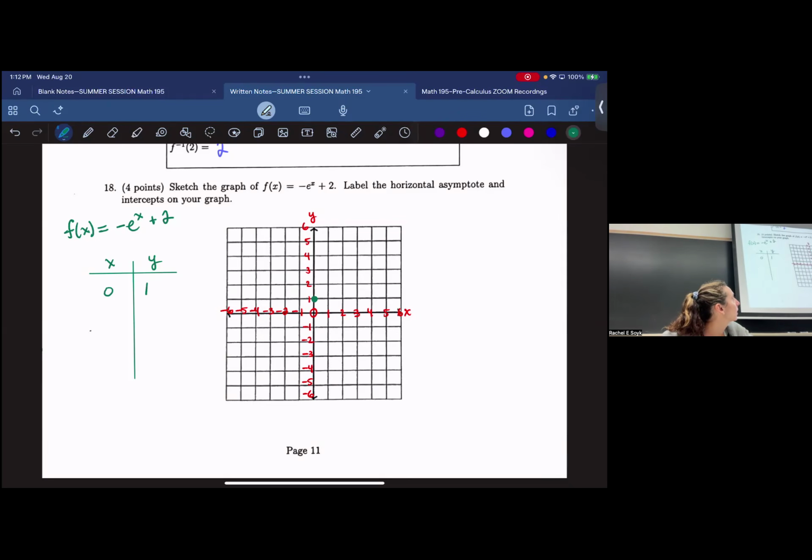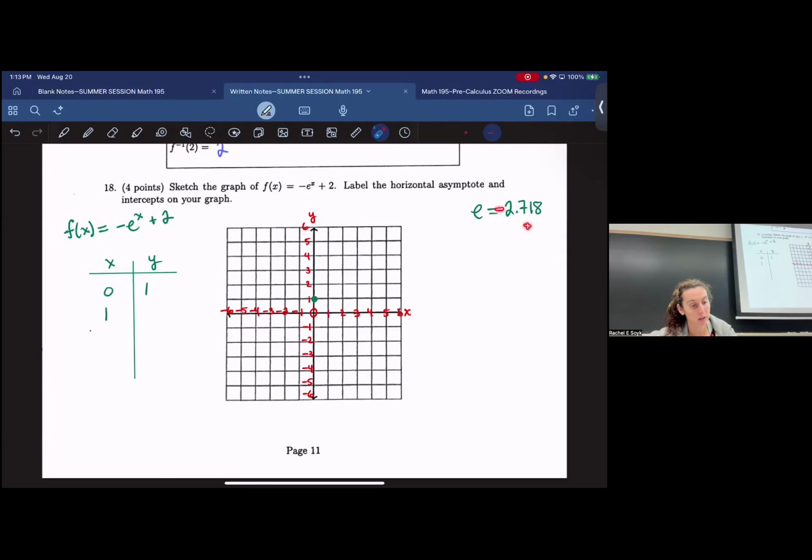And can we plug in any more points? We can put in x is equal to 1, because we know e is about 2.718. And so then we're looking at e to the first, which is negative 2.718.